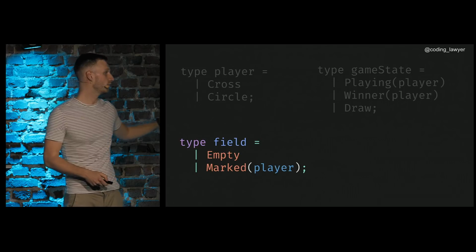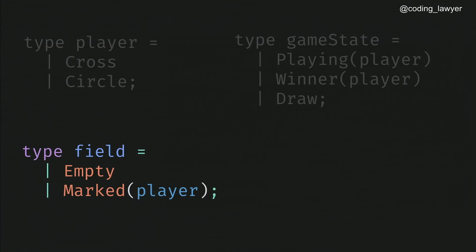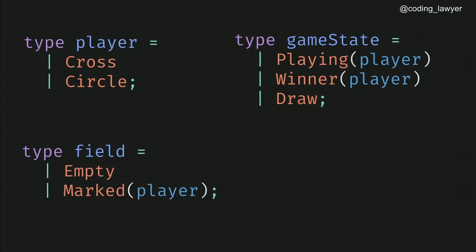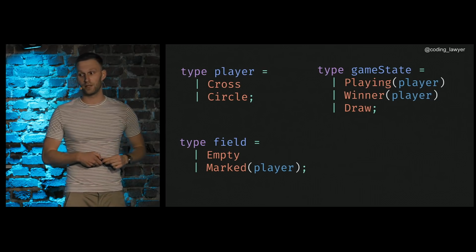So we can build these more complex types when we pass a variant to another variant. And let's define another type called game state, and it's just the state of our game. So we are playing, we have a winner, or we have a draw. Again, enums. The state of our game can have only these three states. Now, we will use these types we just defined in a minute using pattern matching.